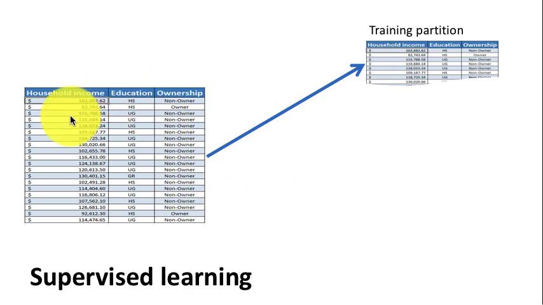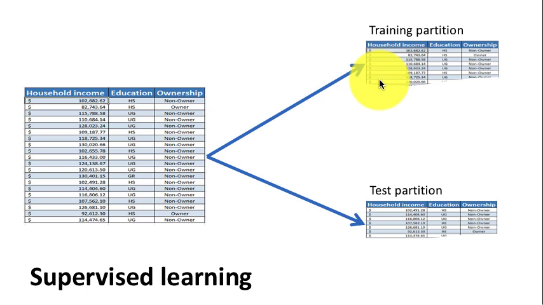Okay, so let's say here is your complete data. Of course, I'm taking a small data set, and here is the training partition. That is the 70,000 that you put away for training, and the remaining is called the test partition.